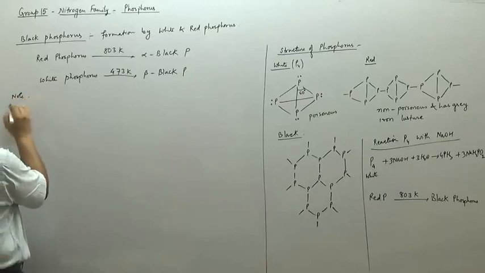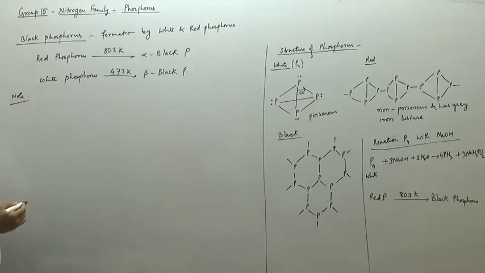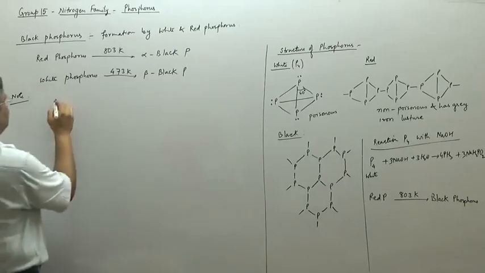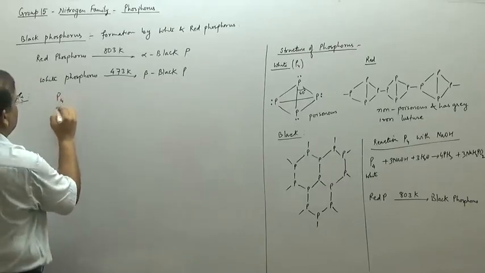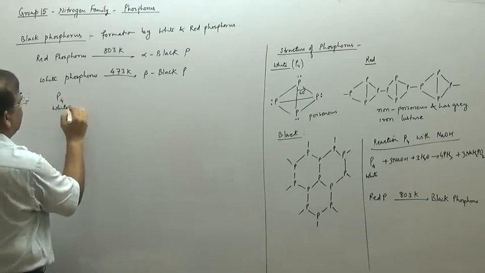Now, how can the red phosphorus be prepared? White phosphorus, that is P4, is a discrete molecule.